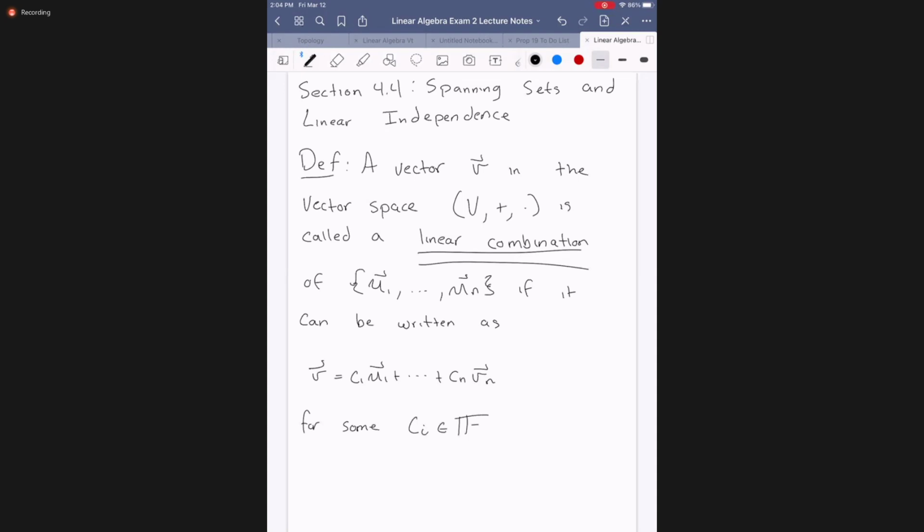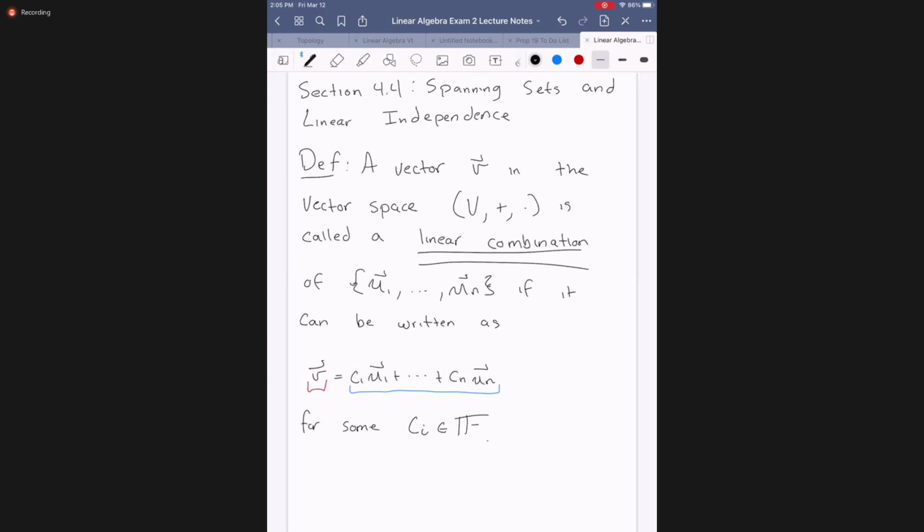In this case, it'll be real numbers or whatnot. So again, I always said this vector B is made out of these vectors u, right? So that's how I think of it.